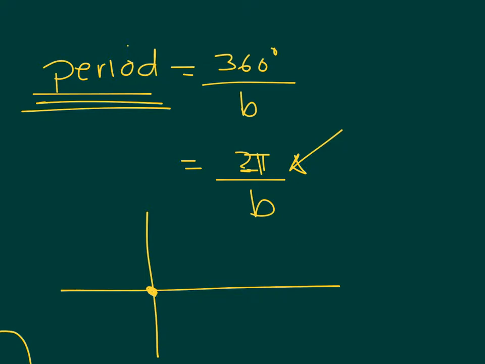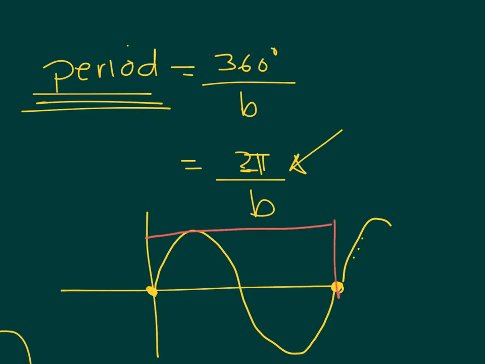So a typical sine function will follow this shape. And once we reach this point, it starts to repeat the pattern. And this length from this point to that point is 1 period. And it can be measured by simply getting the value of b.